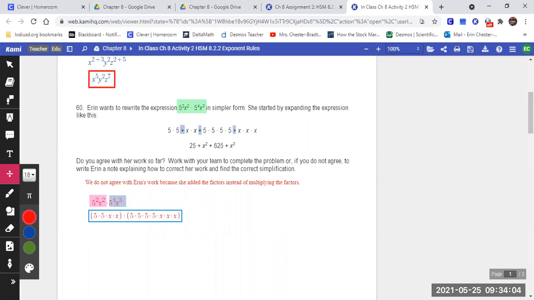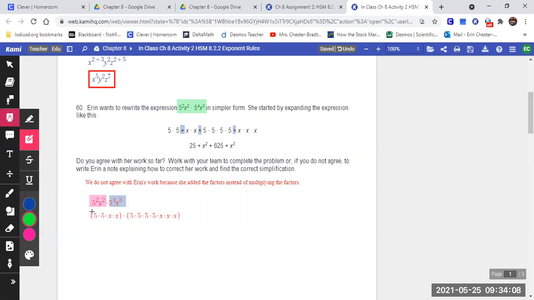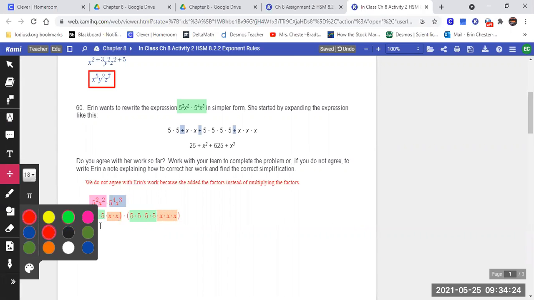All right, so now we're going to combine our like things. I have 5s that I have to pull together. And I have X's I have to pull together. So that's a 5 to the 2 plus 4 and an X to the 2 plus 3.